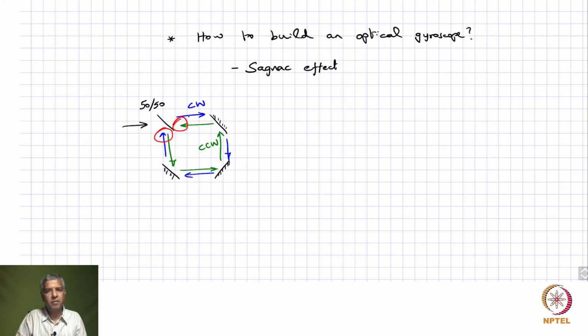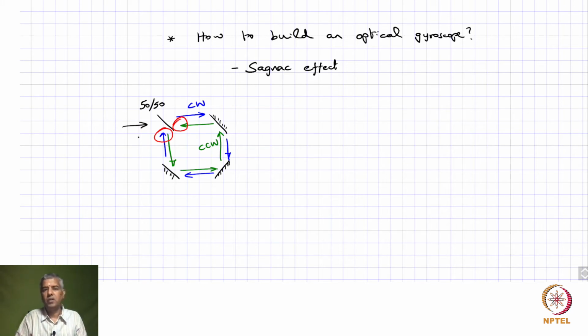So there will be a slight phase shift between the two propagating waves, okay, and that phase shift can actually give rise to a change in the output intensity that you're looking at, and that is essentially how this can work as a gyroscope.